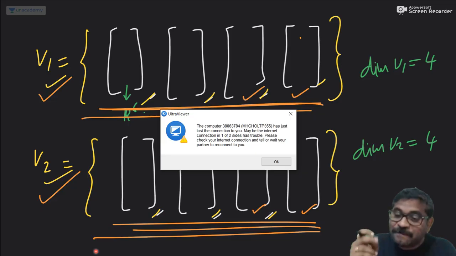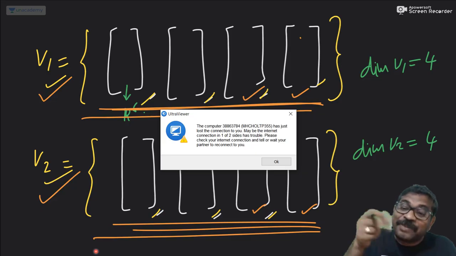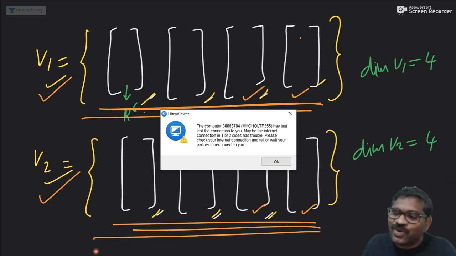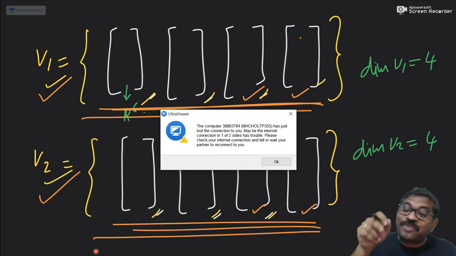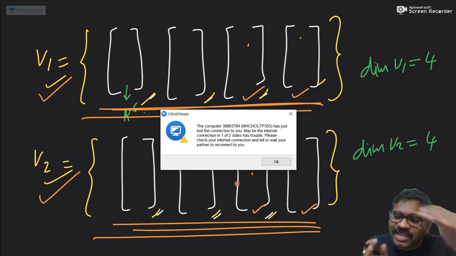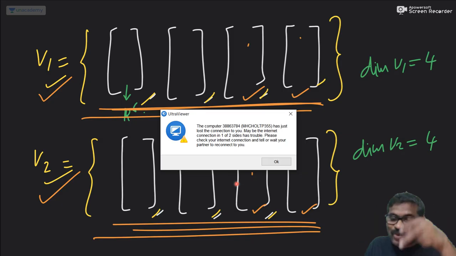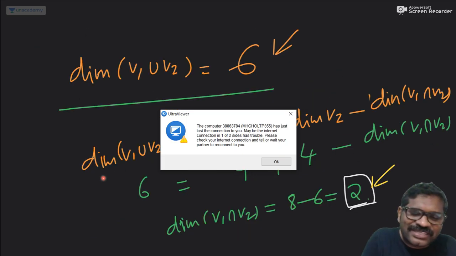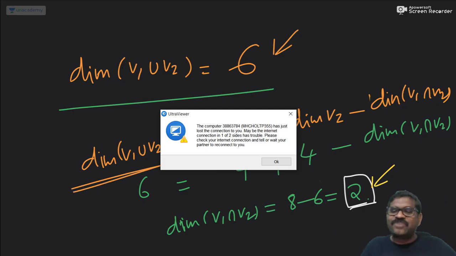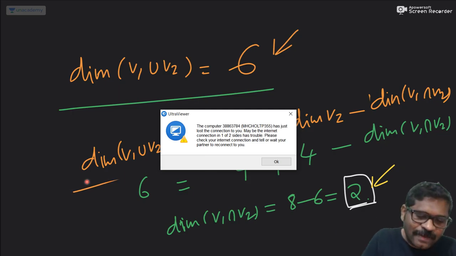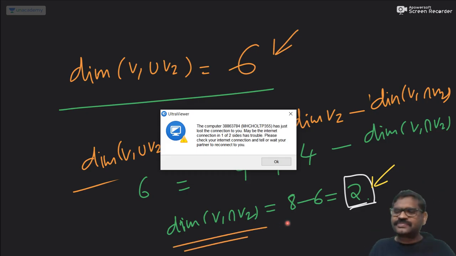Yes, you have to write. But if any vector is repeated, can you write it again? You can't write it now. You are going to eliminate that. How many are repeated? Repeated means commonly available in V1 and V2. Commonly how many are available? 2 are common. Those 2 are nothing but members of your V1 intersection V2. V1 not union, intersection. Catch my point?